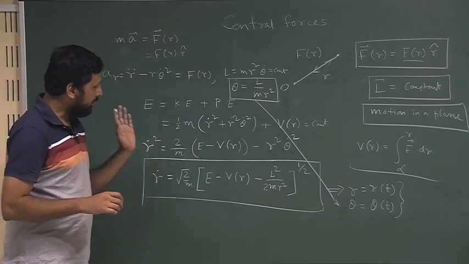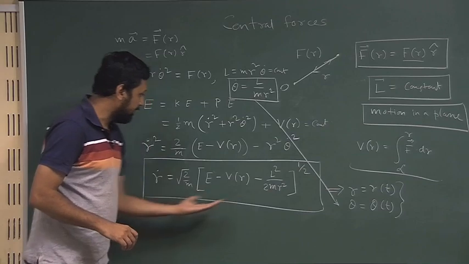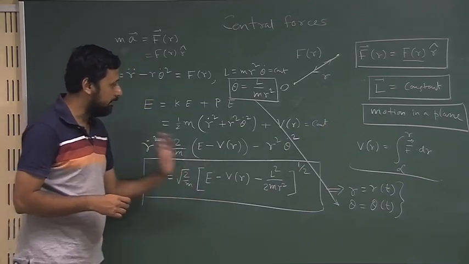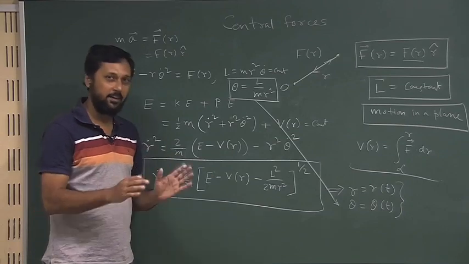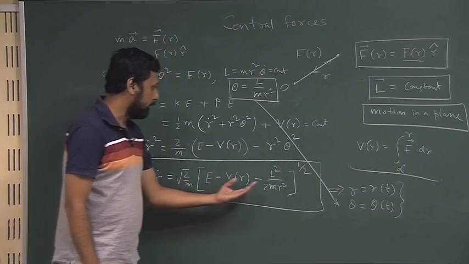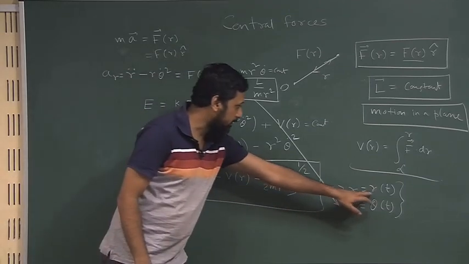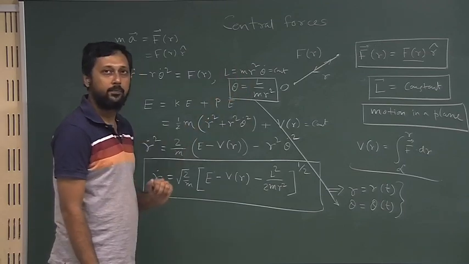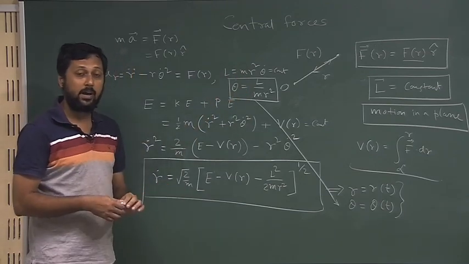But as you can guess by looking at this form, maybe under certain circumstances this integration is easy to solve, but in general it is a very complicated equation to solve, and then we have to get the functional form of r, plug it back in here, and solve for theta. It might be easy when we have a computer simulation.